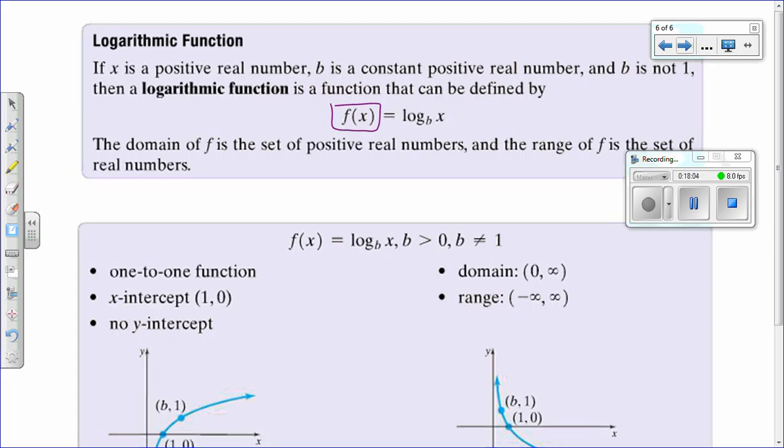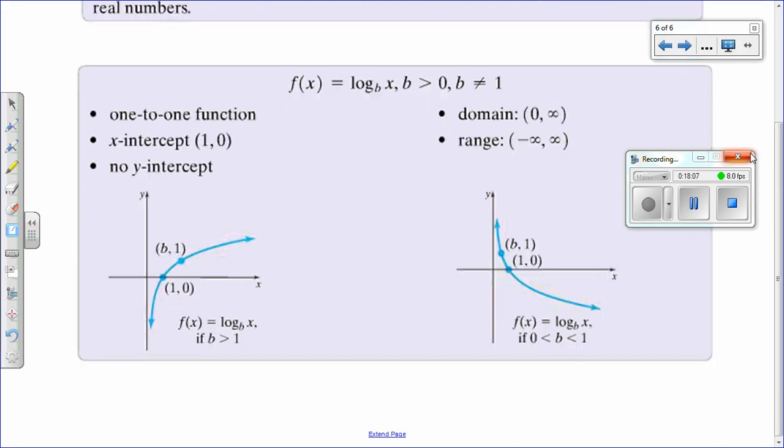So right here, it's important to mention that we're not going to have a y-intercept. Instead of a y-intercept, we have a vertical asymptote. Algebra books don't really talk about it, but pre-calc books do. So let's start with that. Vertical asymptote, and it's the y-axis, so that will be the equation x equals 0.